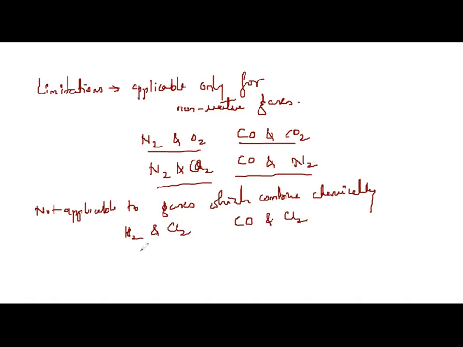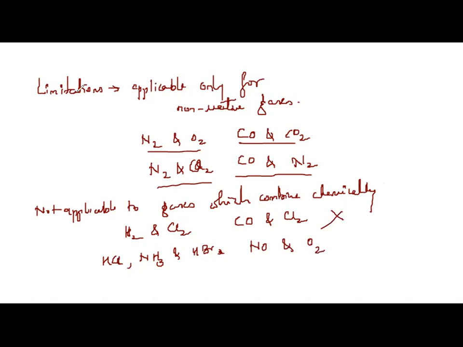You cannot take NH3 and HBr, and HCl. You cannot mix these three gases and say I will calculate total pressure is equal to P of HCl plus P of NH3 plus P of HBr. No, all these will react together chemically. Nor can you take NO and O2. These pairs you cannot take because they will combine chemically. They are reactive gases.